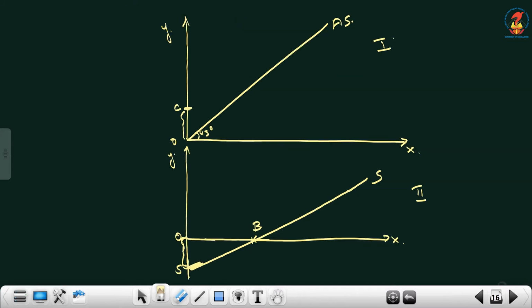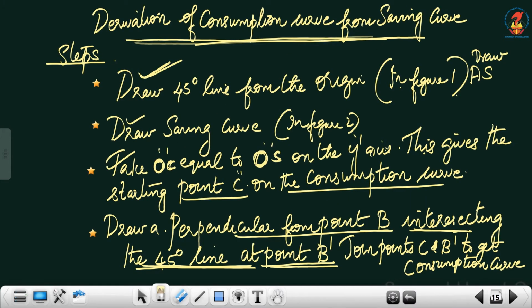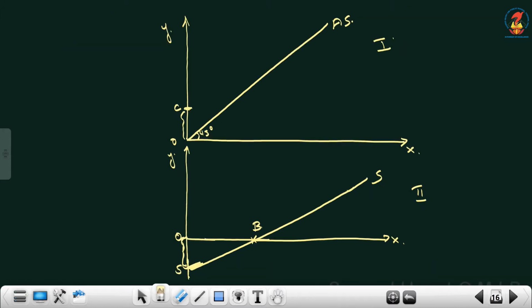From point B, you have to draw a perpendicular in such a way that it touches this 45-degree line at a new point, B1.